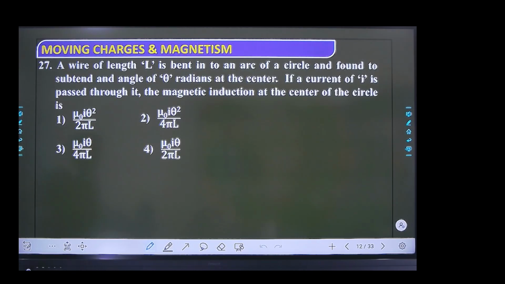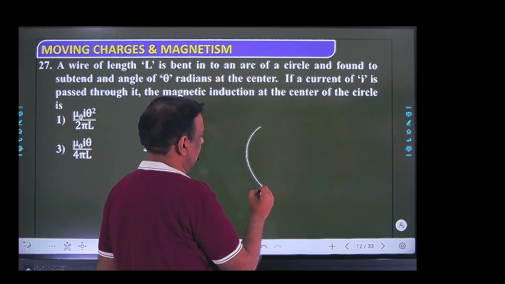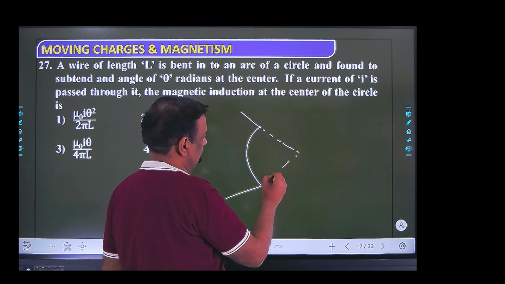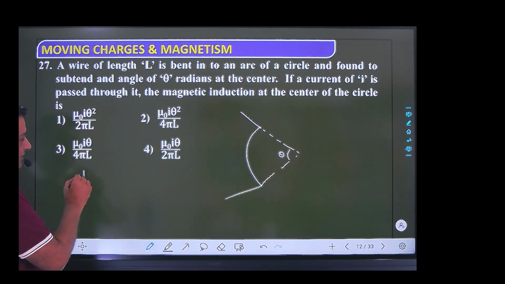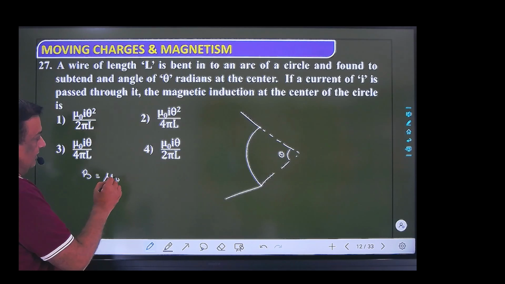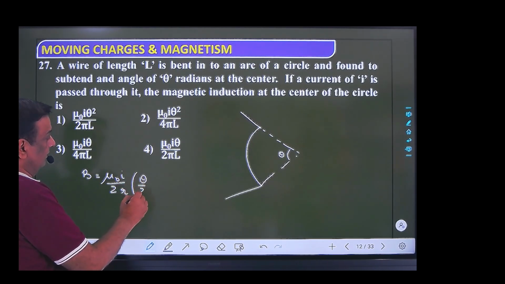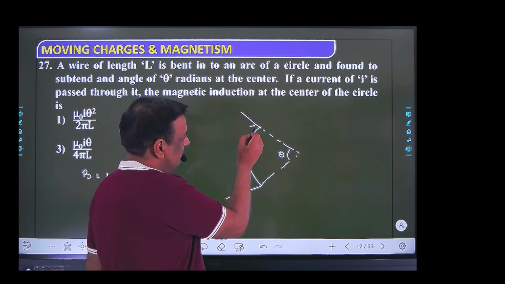Normal हम लेते हैं कि if you have a wire, if it subtends an angle theta at the center, magnetic field is ये फॉर्मूला. तो इसमें आंसर रेडियस की टर्म में नहीं बताना, लेंथ की टर्म में बताना है. Here given that this length is L.